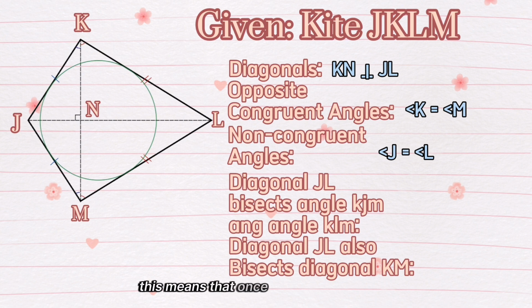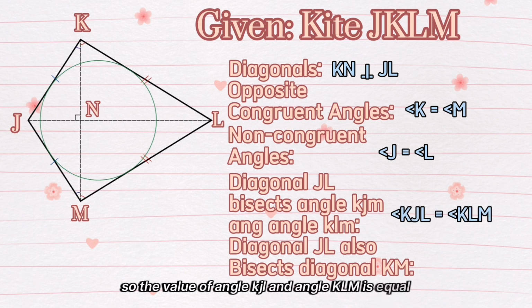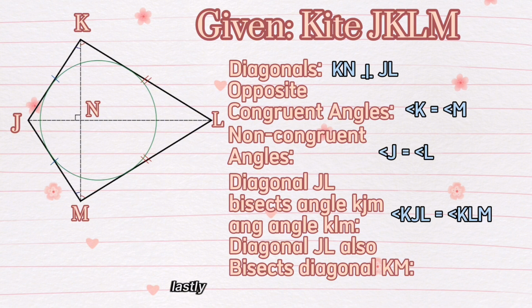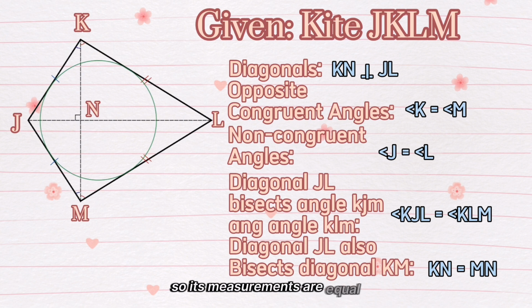This means that once diagonal JL bisects these angles, angle KJL and angle KLM are congruent, so their values are equal. Lastly, diagonal JL also bisects diagonal KM, and because diagonal JL bisects diagonal KM, line segment KN is congruent to segment MN, so their measurements are equal.